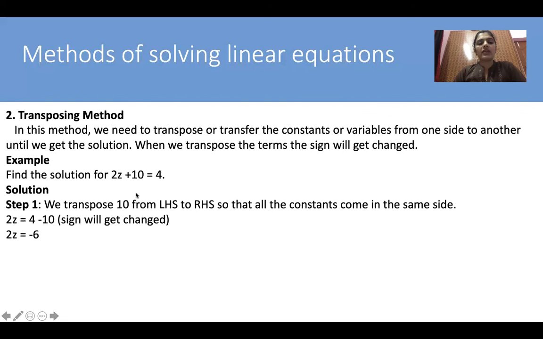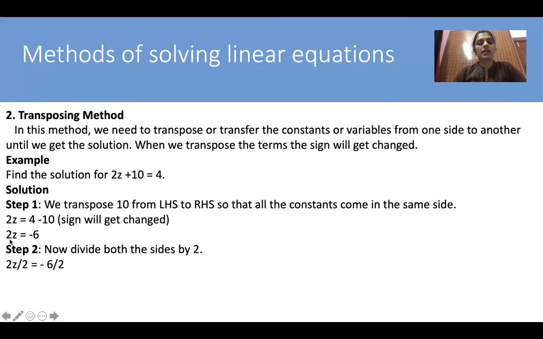Transpose 10 from the left hand side to the right hand side, so that the constant values come on one side. When we transpose the terms from one side to another, the sign gets changed. So this plus will convert into a minus sign. So here we get 2z is equal to minus 6. Further divide this equation by 2, or you can transpose this 2 to the right hand side.